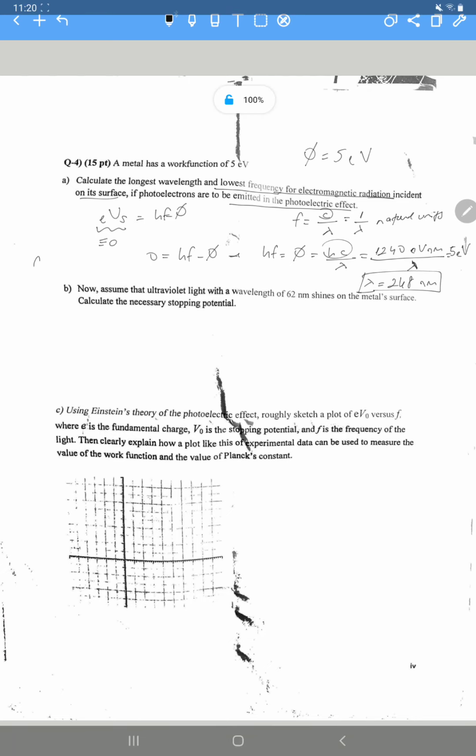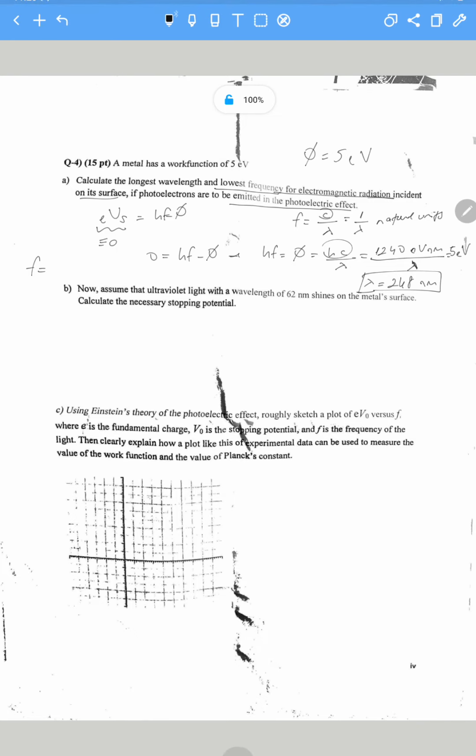And now we are going to just calculate lambda as 5 nanometers. Then we know that frequency and wavelength have this relation between them, so we are going to find f from here. It's quite simple.